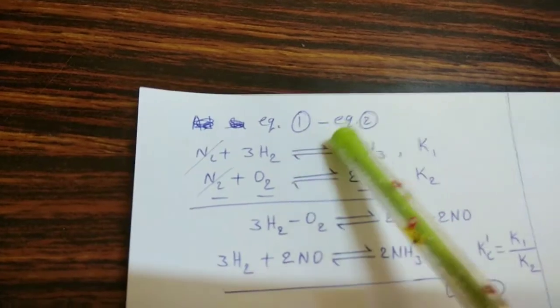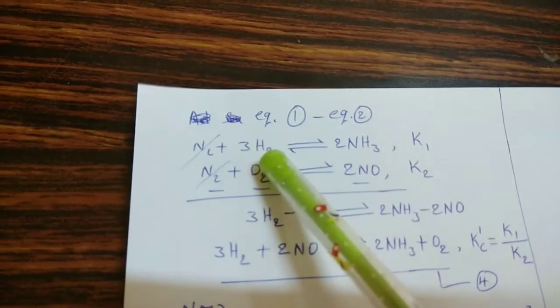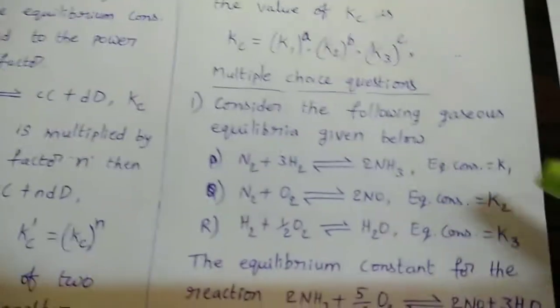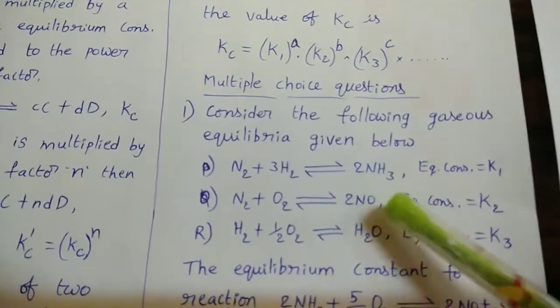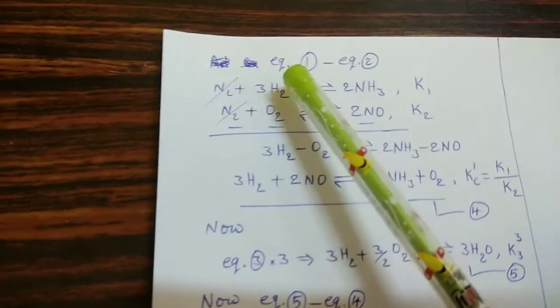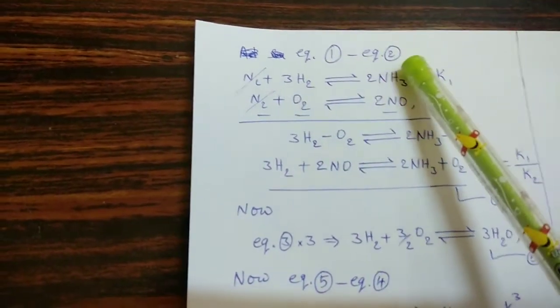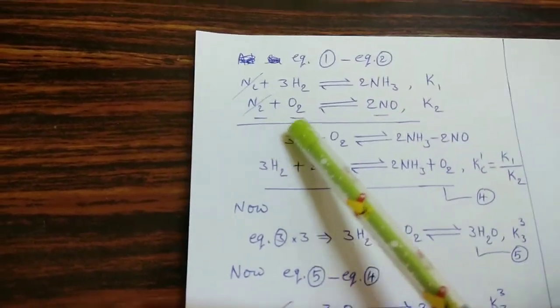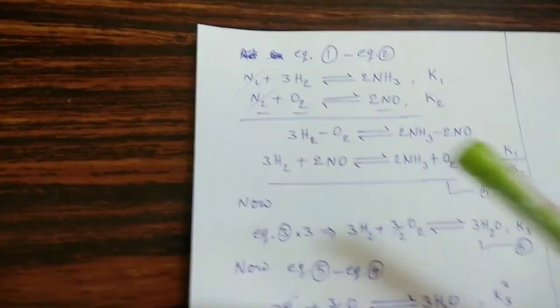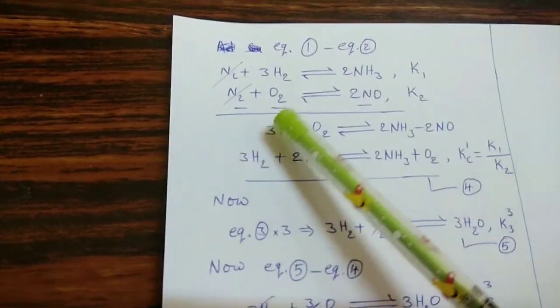Equation 1 minus equation 2. This is the given equation. This is equation 1, 2 and 3. Now, subtract equation 2 from equation 1. Then we can get this one. In the second equation, the signs are changed.